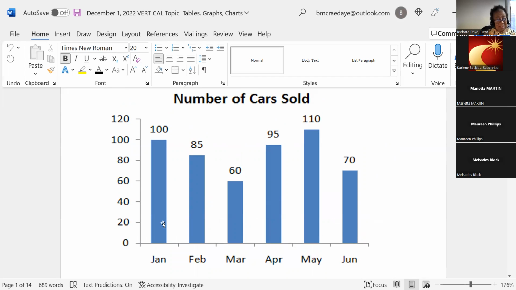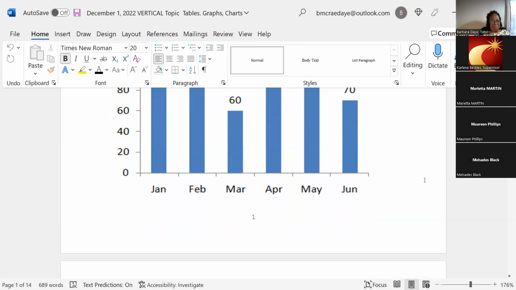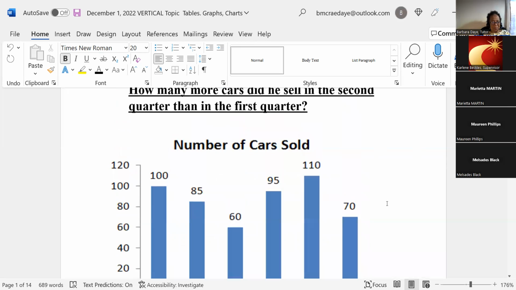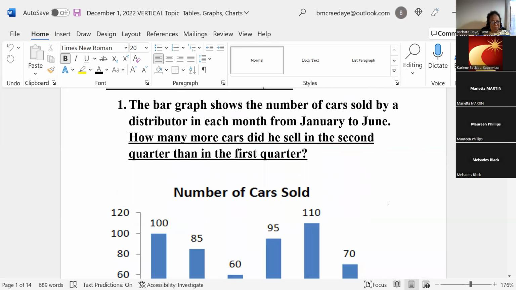Or January and May, that's 10, or April and February, that's a difference of 10. But then it didn't really occur to you to look at more months to make up a quarter. No. Oh boy, thank you, miss.